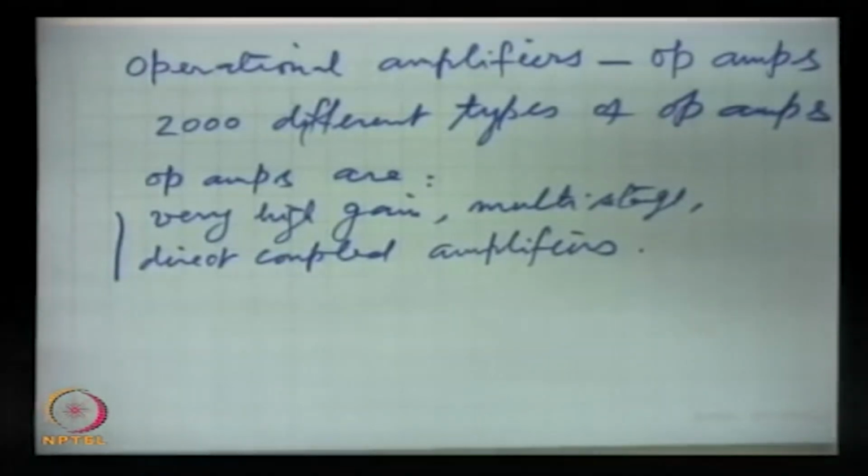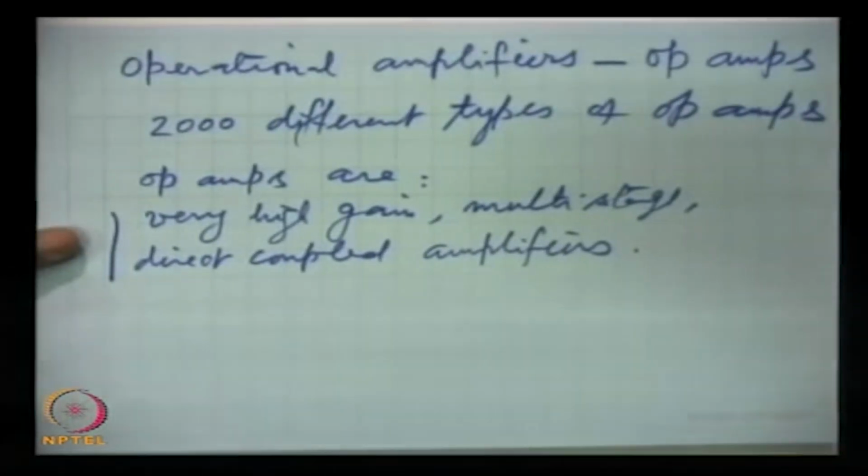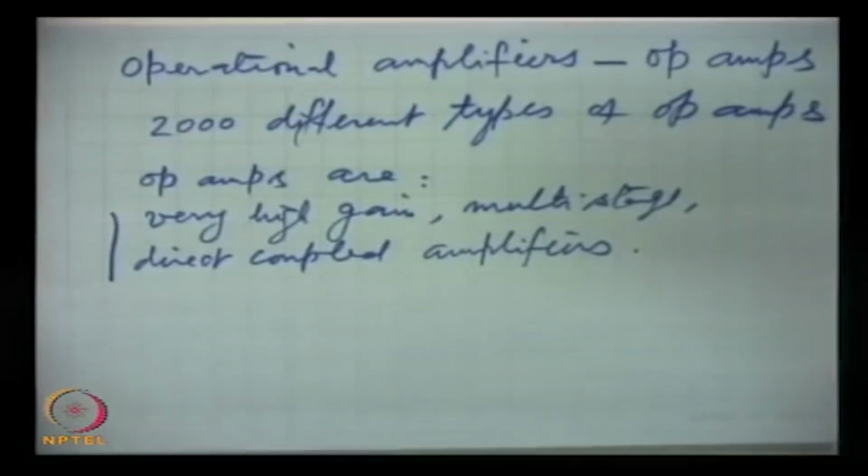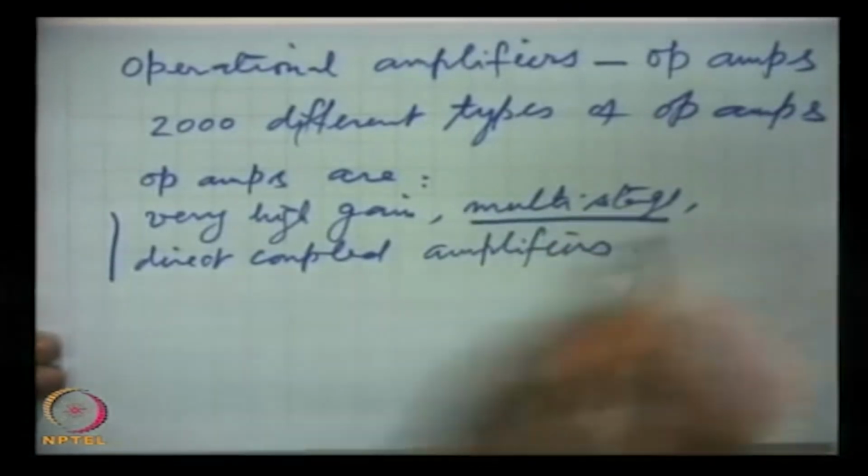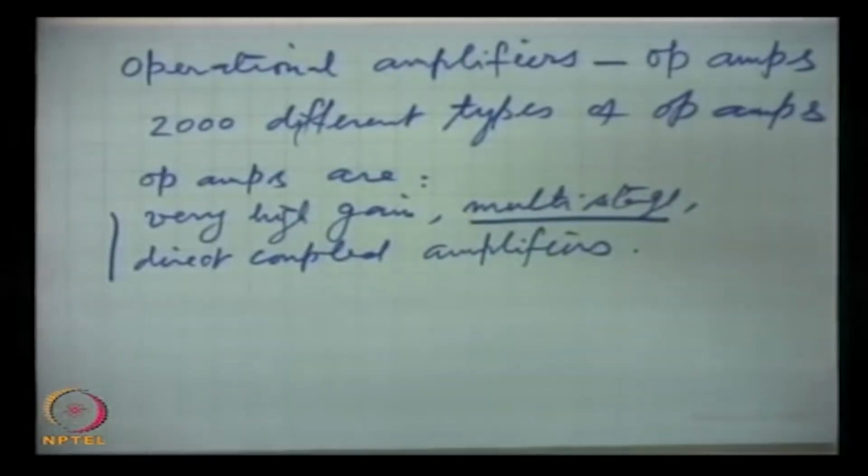How high? 10 to the power 4, that is 10,000 and above, even 100,000. This gain cannot be achieved from a single stage, so it has to be a multi-stage amplifier.